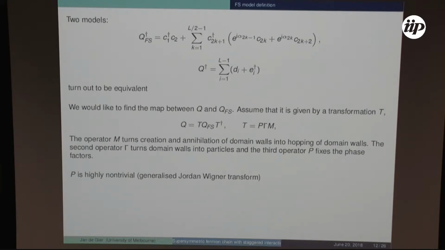So I've shown you two models now, two very different models. There was this Fendley-Schoutens model, which was a model of spins or fermions. You can transform them into fermionic language and have this supercharge on a zigzag ladder of chains. And then there was the domain wall model, the fermionic model with manifest particle-hole symmetry.